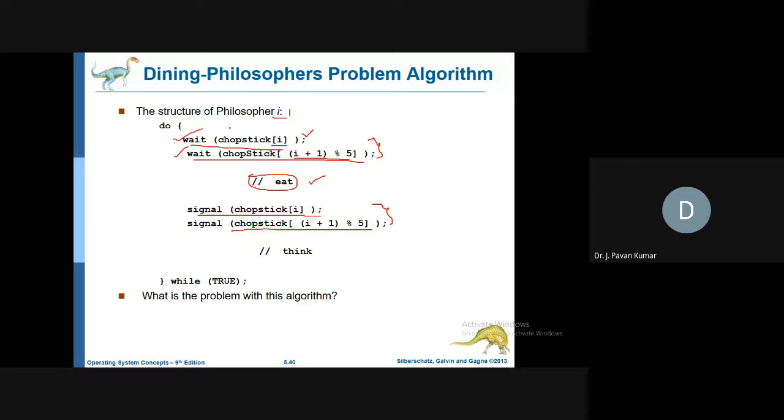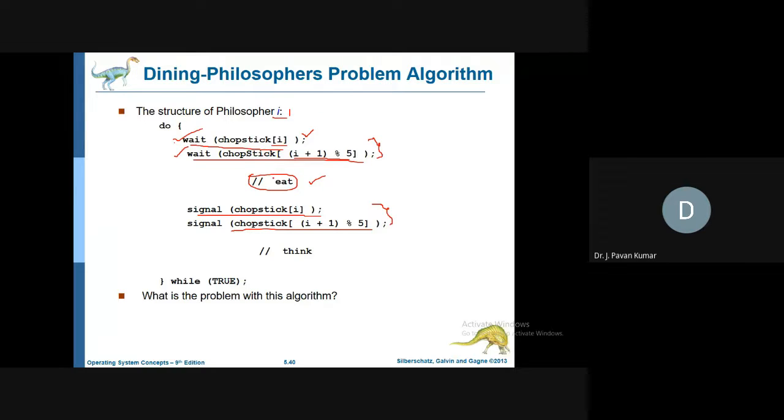For every doctor we are having a lock. What is that lock? Chopstick of I. For the ith doctor, chopstick of I. Like that we are making use of the lock, that is a semaphore. So after getting both the locks, he is able to meet the doctor, and he can come out of the room. This is the setup.